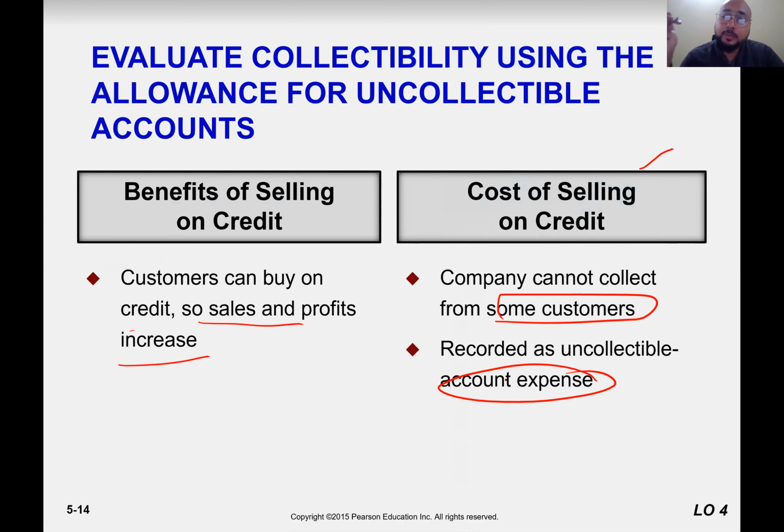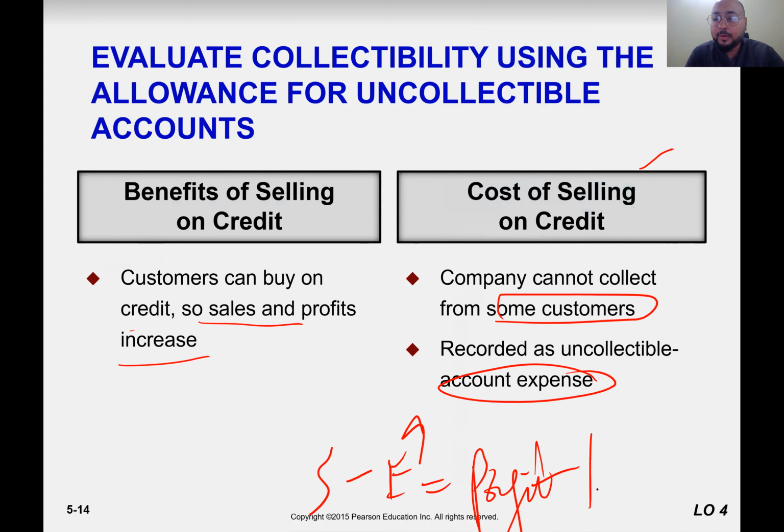You sell the goods, money is not being received, so that is called uncollectible account, and that is an expense, right? And expense is always bad because it reduces your profitability. What is the formula for profit? Sales minus expenses is equal to your profit. So when expenses increase, profit goes down, which is bad for the company.